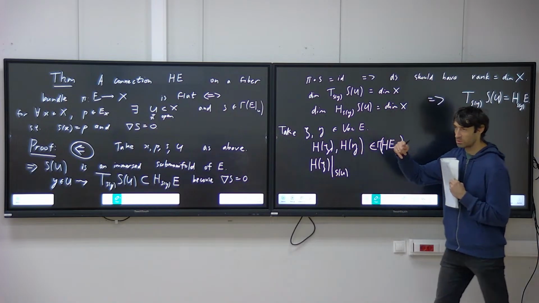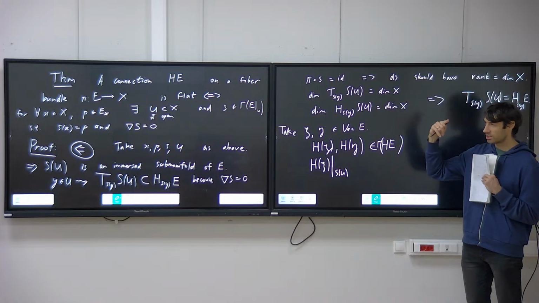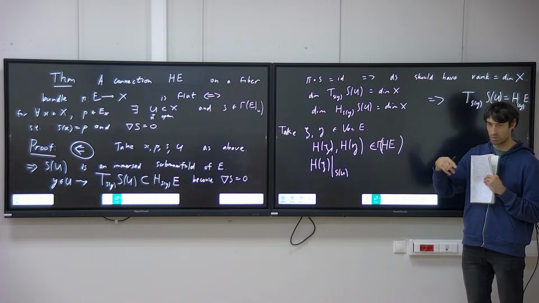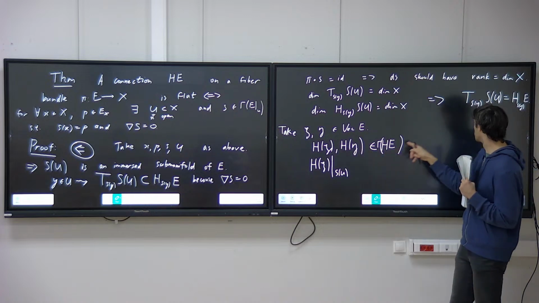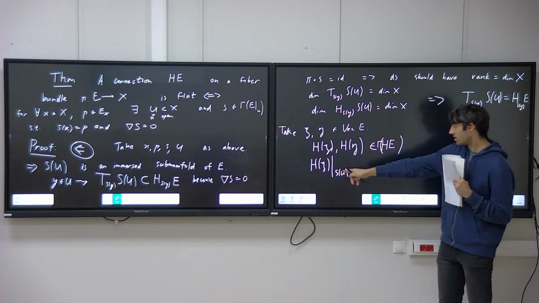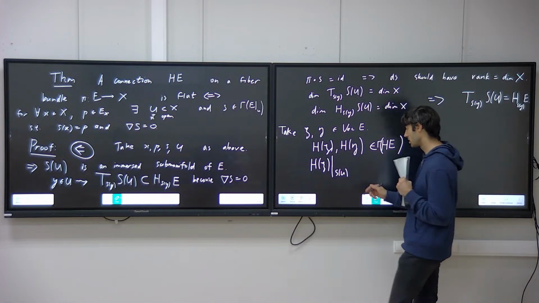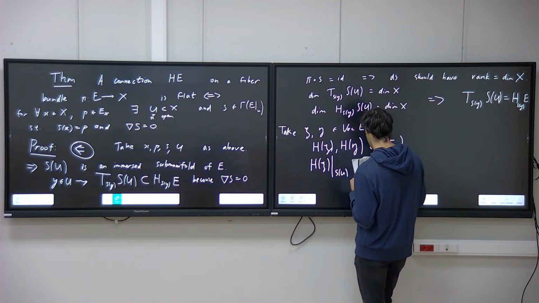At each point the tangent vector could look somewhere not in the tangent direction of S of U, but because of this, the restriction is really a vector field on S of U. And the same for this.